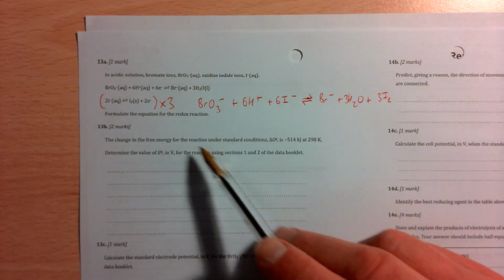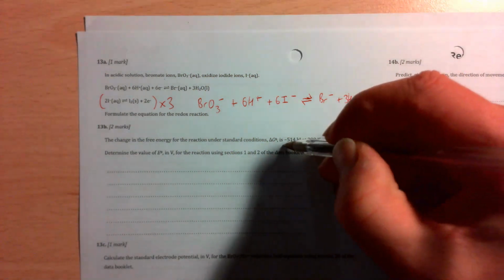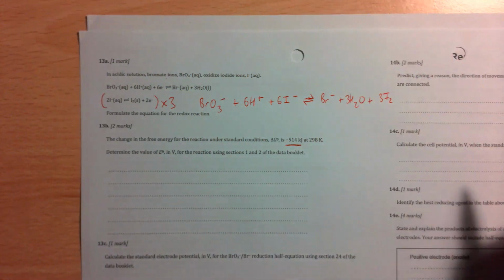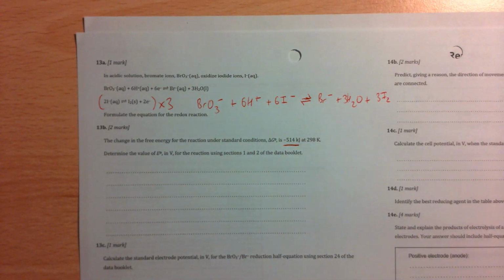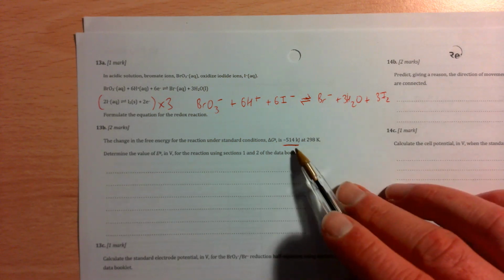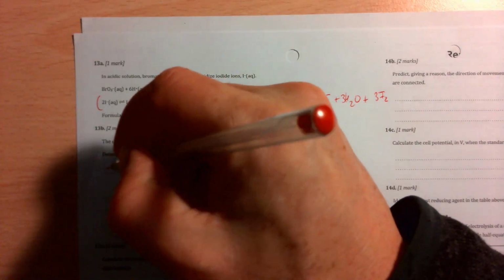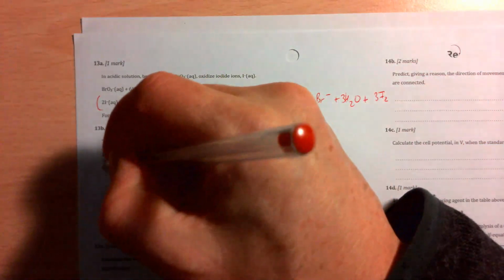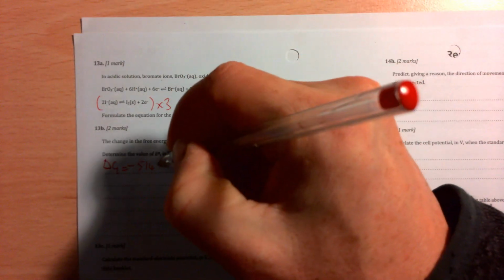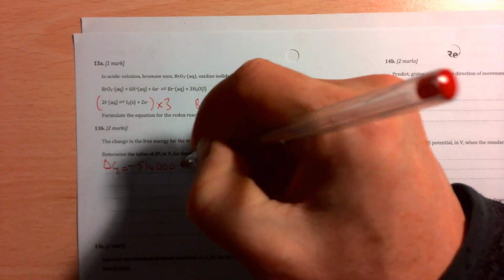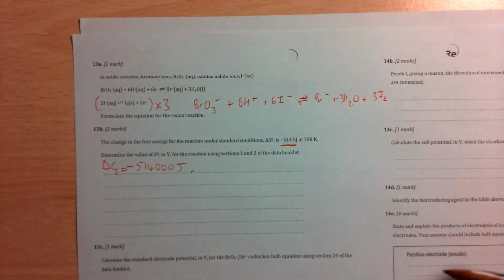The change in free energy for the reaction is 514 kilojoules per mole. We've got to be just a little bit careful here that we use everything in joules per mole. So we have to convert initially to minus. So delta G is equal to minus 514,000 joules.